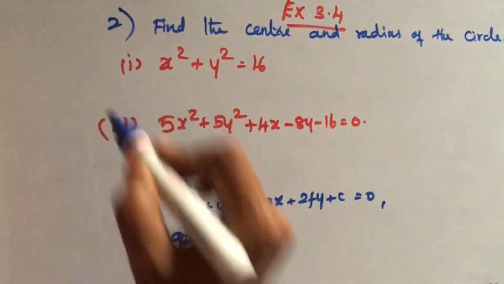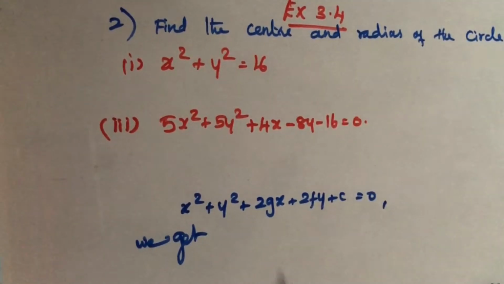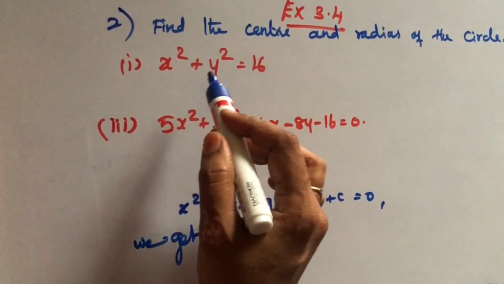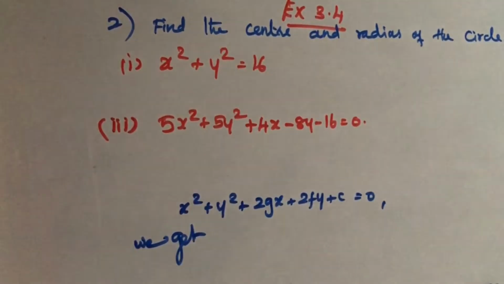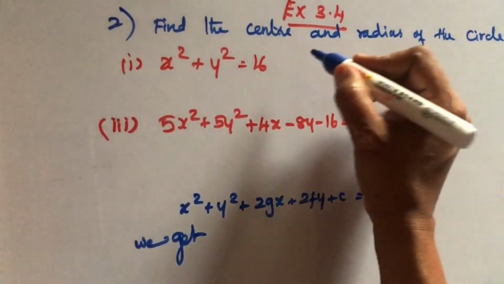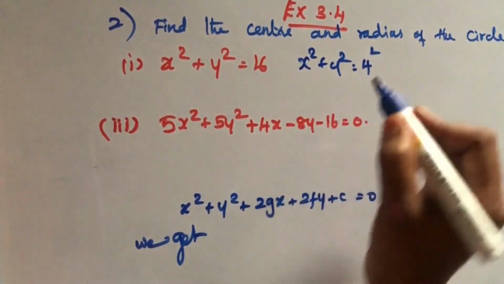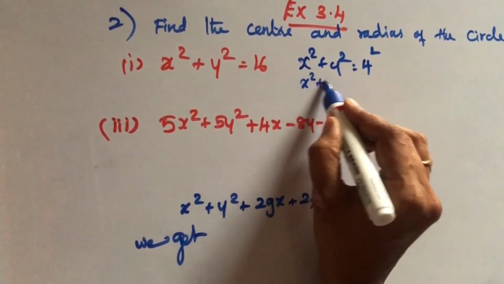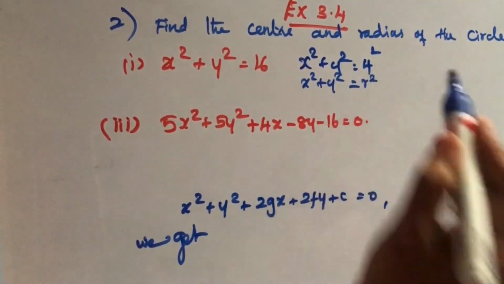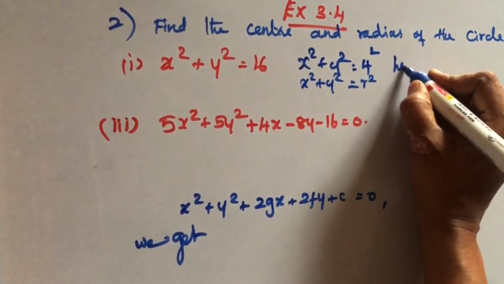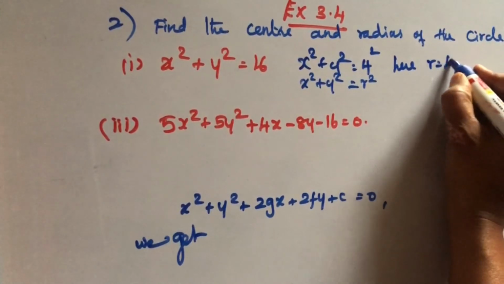Second problem in exercise 3.4, find the center and radius of the circle. First one is x square plus y square is equal to 16. We can write it as x square plus y square is equal to 4 square, that is x square plus y square is equal to r square. So, here r is equal to 4 units.